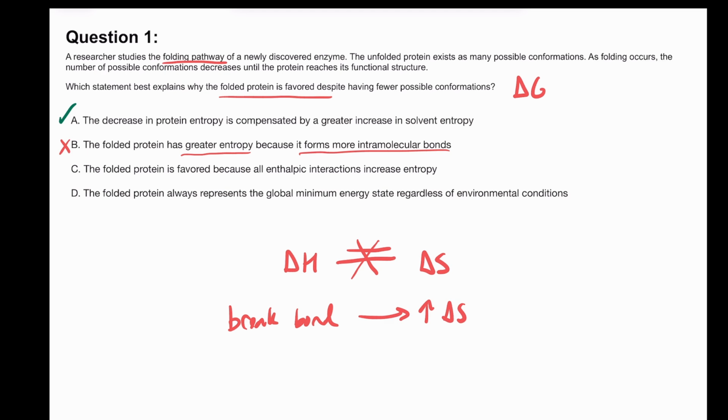But then on the other hand, if you make a bond, you're now decreasing entropy because you're holding those two molecules together and limiting their movement. And so even though making a bond is an enthalpic interaction, we see that it leads to a decrease in entropy, not an increase. And so answer choice C is wrong.